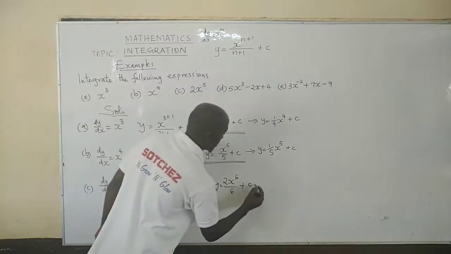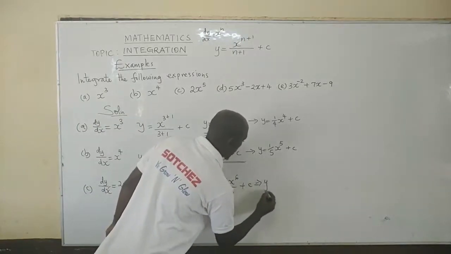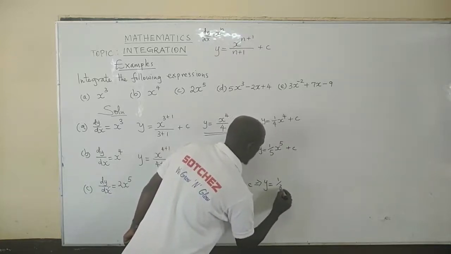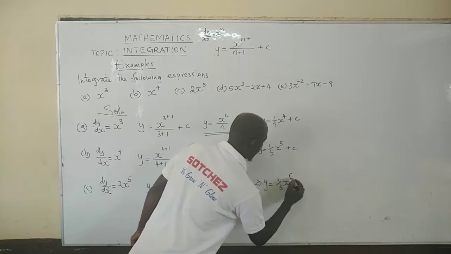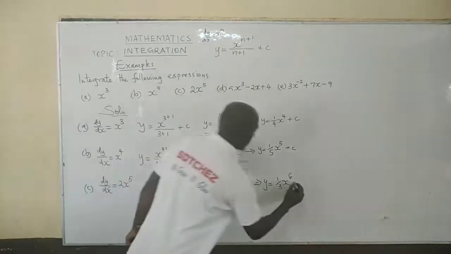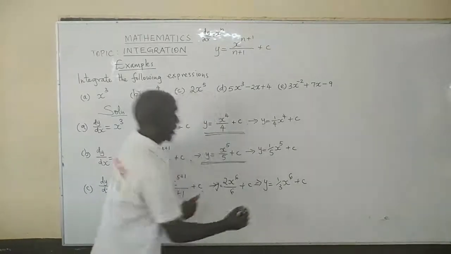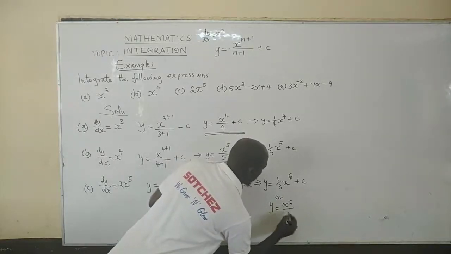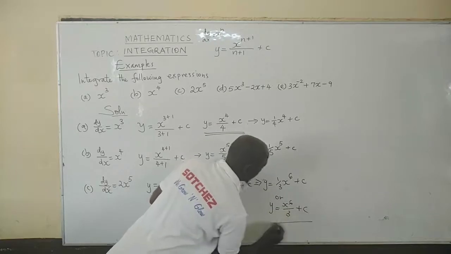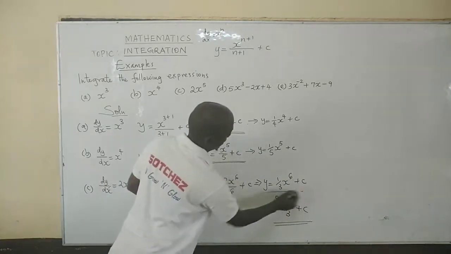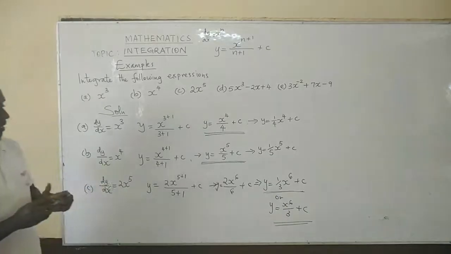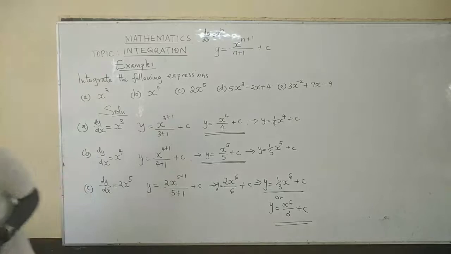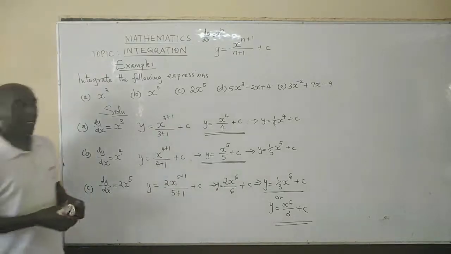So we can write y equals a third x power 6 plus c, or y is equal to x power 6 over 3 plus c. You can write like this or like that. So that is the answer to part C. I hope we are together up there, my dear learner.